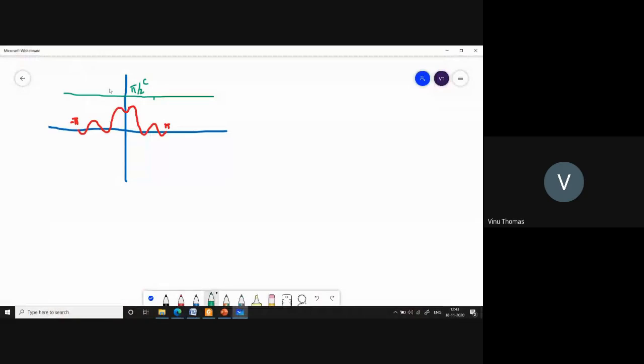So what this will finally end up is a phase response which is linear, but passes through π/2 radian instead of through the origin.